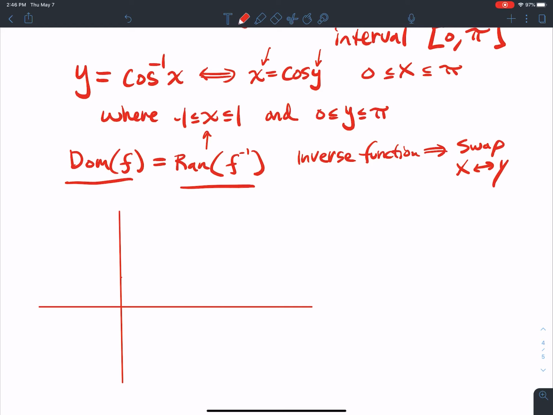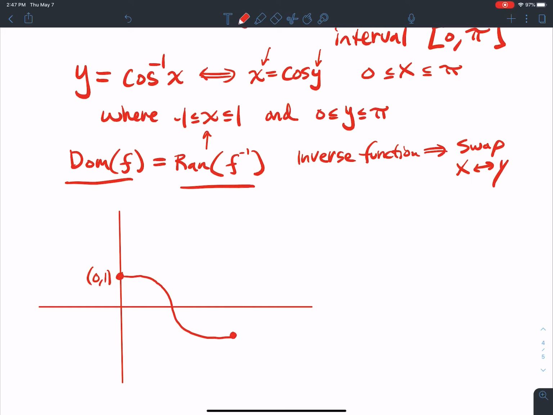Let me see if I can do a better job of this. Maybe that's a little bit better.